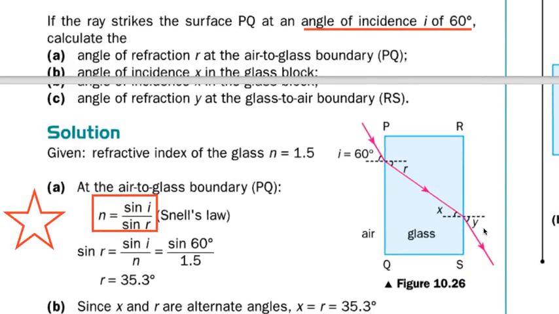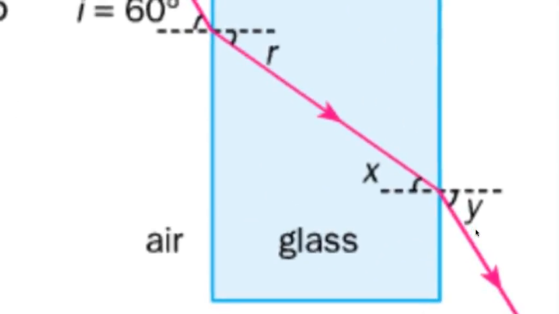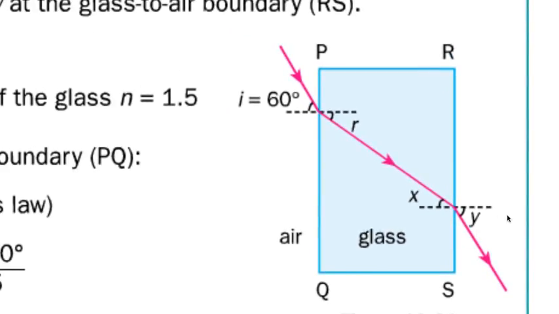For example here, in this case x and y, the medium on the right is air, whereas the medium on the left is glass. So even though the light ray travels in this direction, if I use Snell's law, the second equation over here, my angle of incidence is not x, it's y.